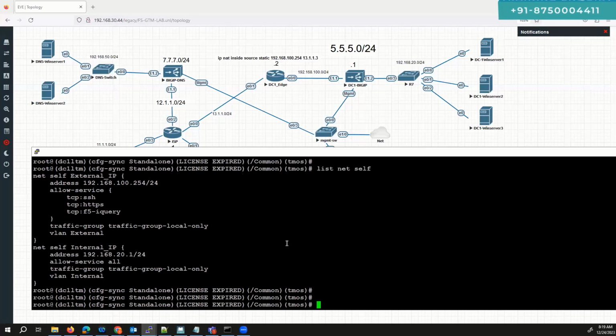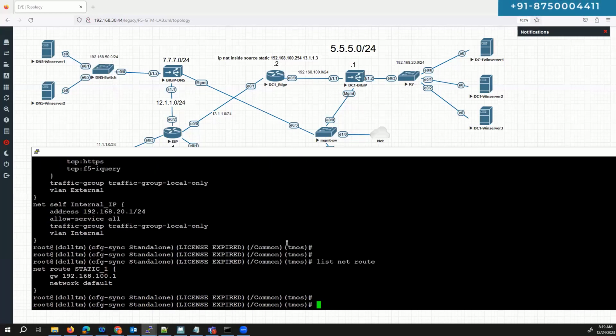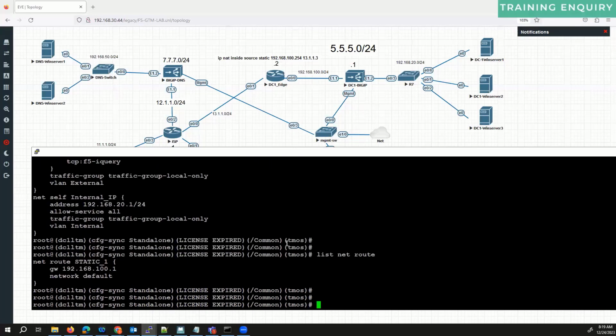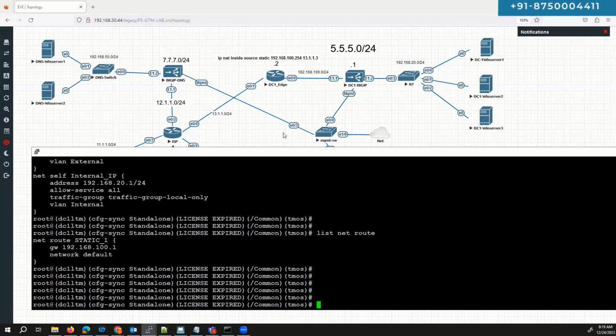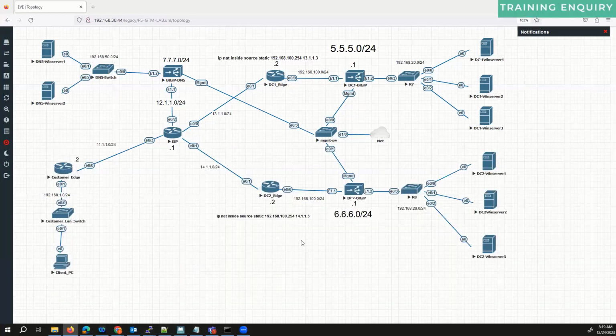So this is the IP configuration, and then also you could look at list net route, right? So this is the default route that it has configured towards 100.1, which is the edge router. So it has a default route pointing towards the external network. That's that. And in similar fashion, the DC2 big IP is configured.